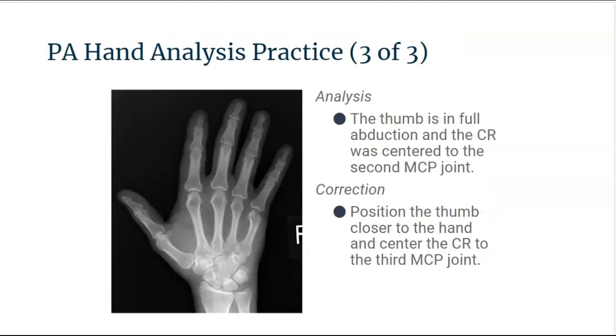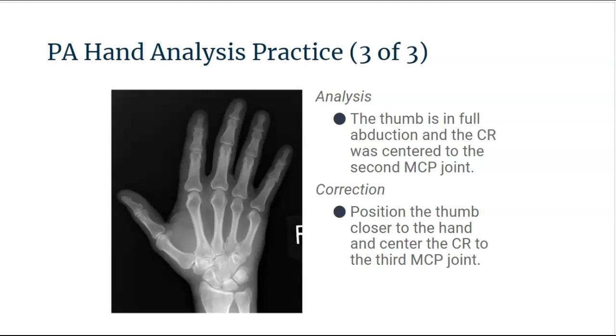This third practice analysis of the PA hand, I wanted to include so you could see the IR misalignment. With the thumb fully extended, it causes your central ray to be redirected to the second metacarpal phalangeal joint space. So, image analysis or Merrill's tells us central ray should be at the third metacarpal phalangeal joint.